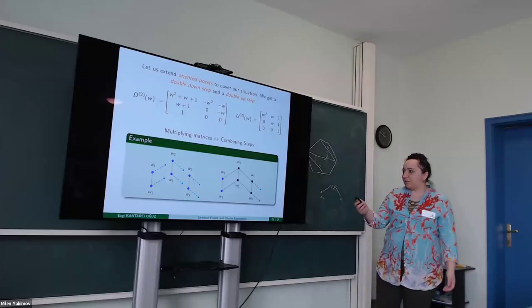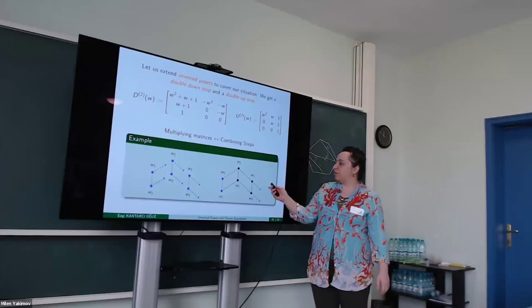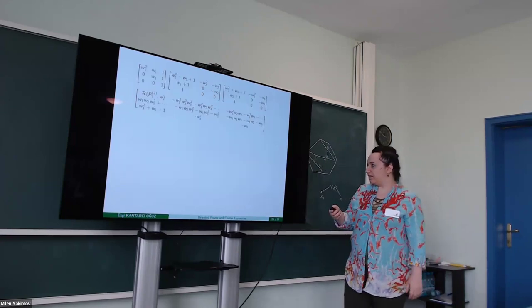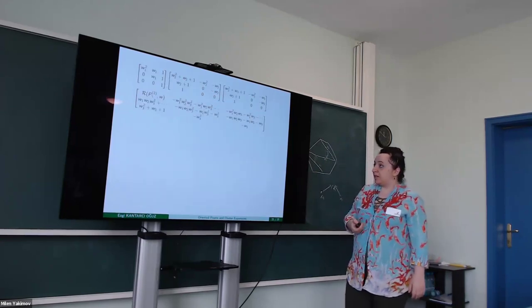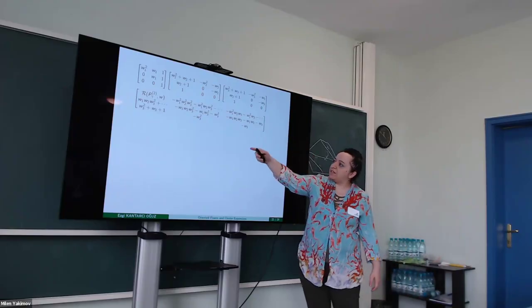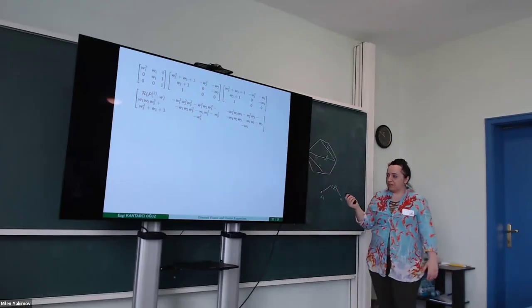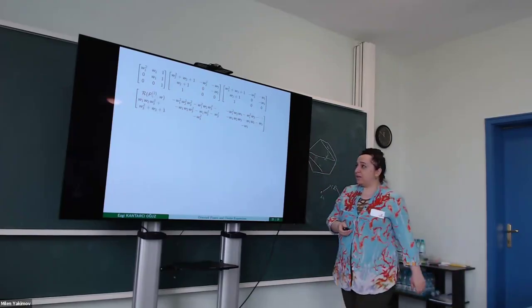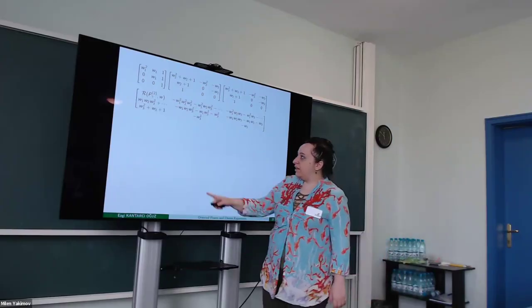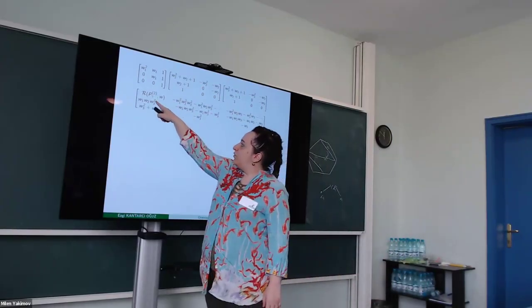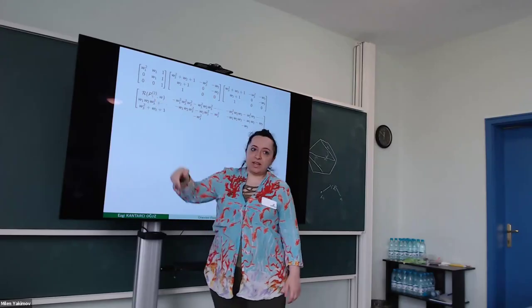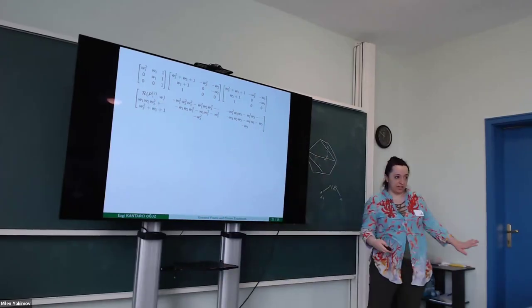And again, you multiply the matrices, you get the matrix for this larger poset. And how it looks is like this, a longer matrix because we get more terms, but the full poset that we are looking for again comes up in the top left corner.